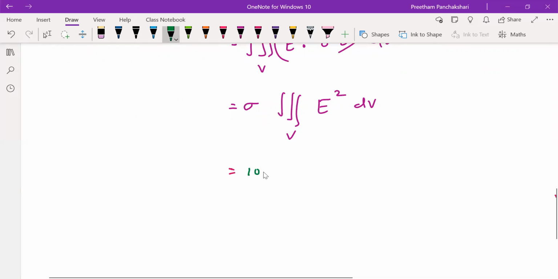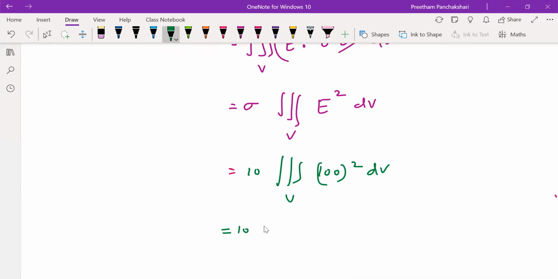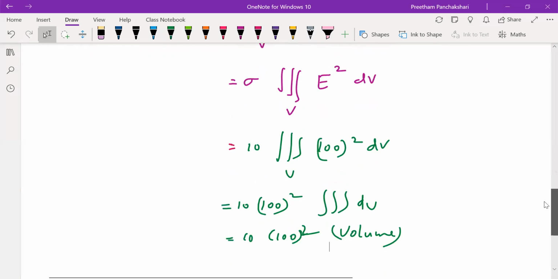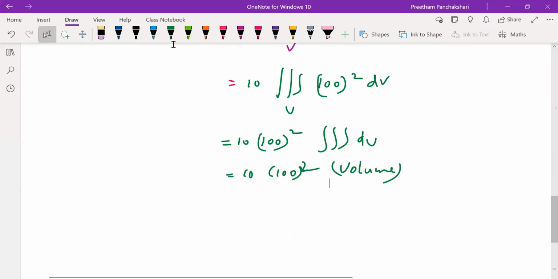So now conductivity is 10, volume integration of 100 volts square into dV. 10 and 100 square are constant values. Take them out and integrate dV, which gives the complete volume of the system. Since the electric field is a constant term, integration of dV gives total volume. So the power dissipated is now 10 times 100 square times the volume.